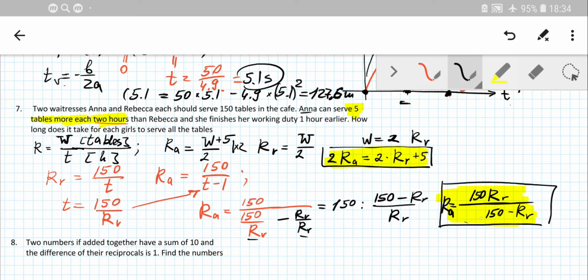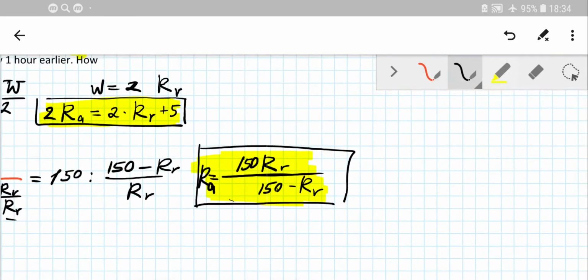In this case, we've got another equation using another statement about who finished the work earlier. That's the second part. Now, what am I going to do? It's supposed to be a quadratic equation in the end. So we are looking for how to solve the system of equations. This is equation 1 and this is equation 2.